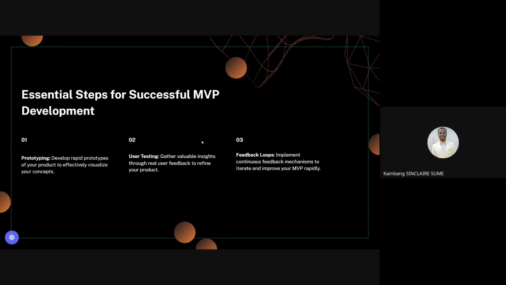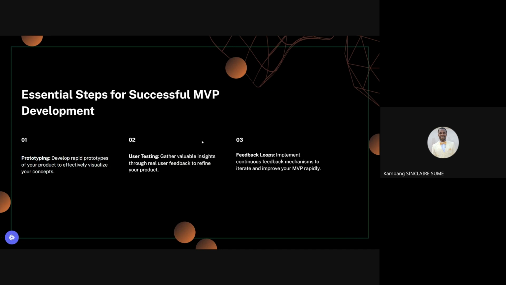So you have an idea to build the next Facebook, for example. You will not just come to the market with Facebook, but you will come with something that presents the core idea, which is social networking. And because of that, there are at least three things which you have to put in place. You have to consider prototyping, user testing, and feedback loops.